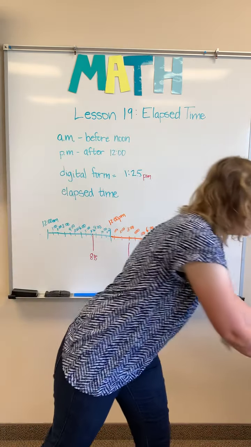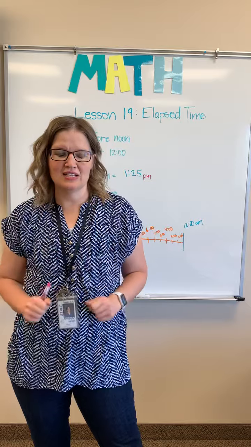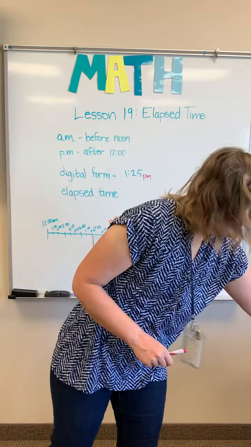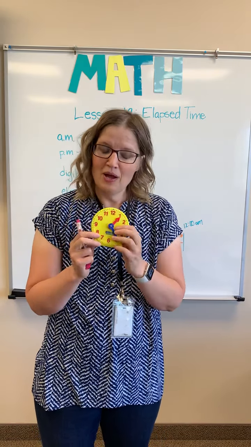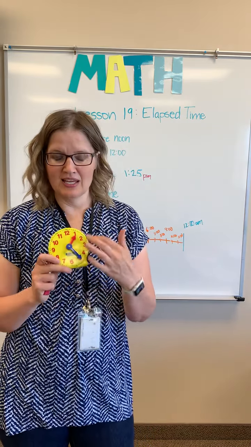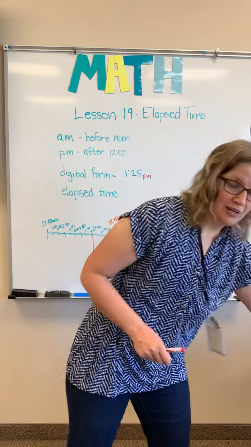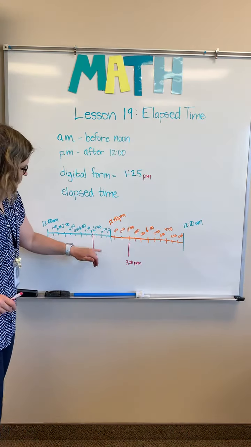How much time is that? So I'm going to show you how we figure this out. Now, you can use one of these little clocks and go around and around. But I personally love to take this out and make it into a big number line like we have here. So take a look with me.